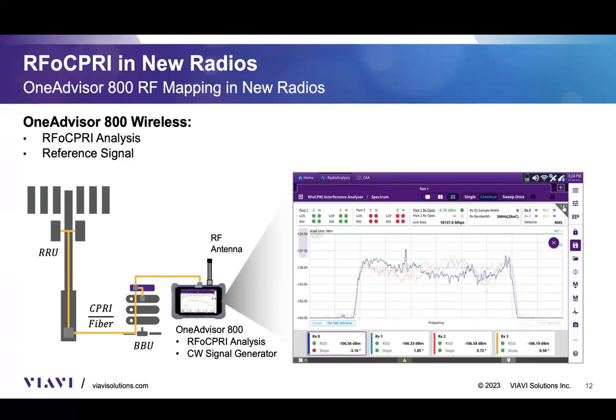At the same time that we're analyzing CPRI, we're injecting an RF tone. In this example, we're sending out a tone on the frequency of one of the carriers. And if that is shown on the uplink, that is how we can identify the different carriers. So it's really important that we can do it at the same time, so we have certainty on the frequency that we are analyzing.